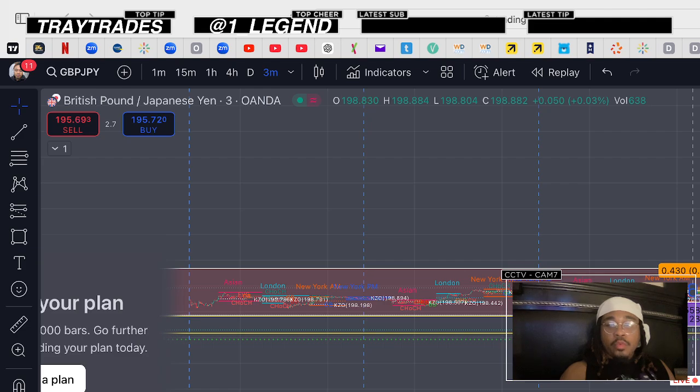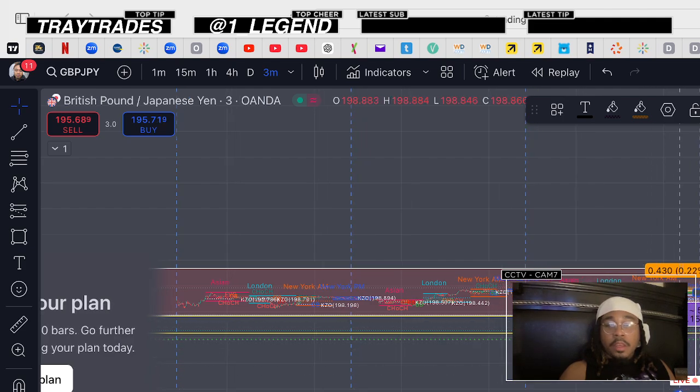To TP1 from this entry, we are looking at a 1 to 23 risk to reward ratio. To TP2, we are looking at a 1 to 36. And to TP3, we are looking at a 1 to 44. So let's just say we leave it here at 1 to 23.